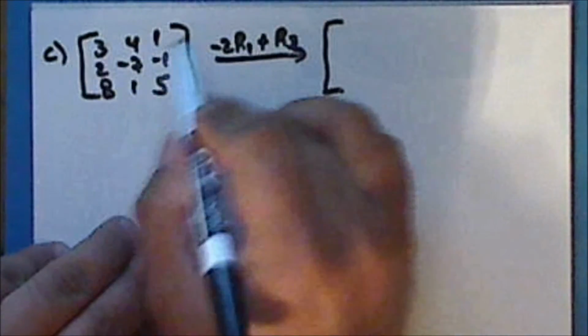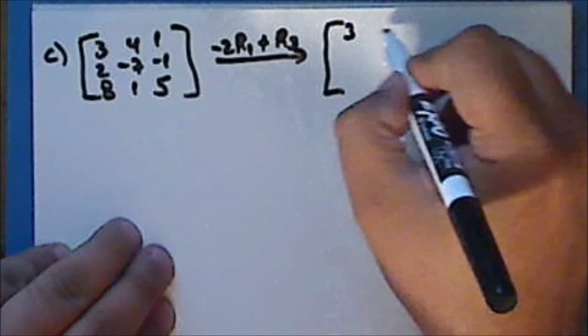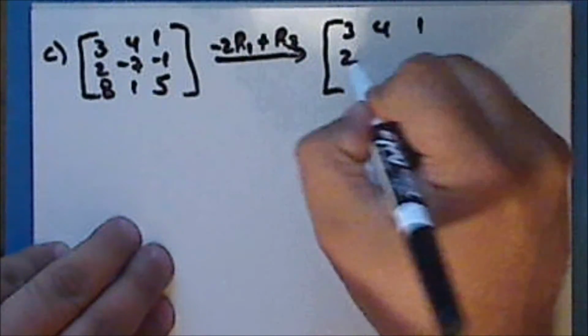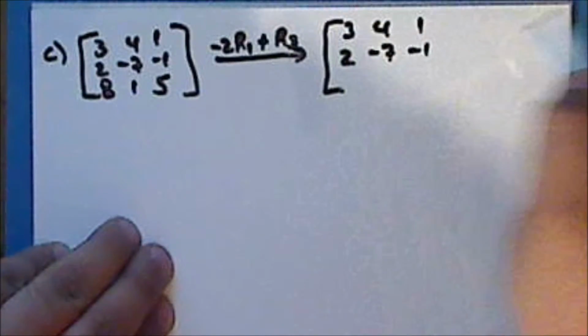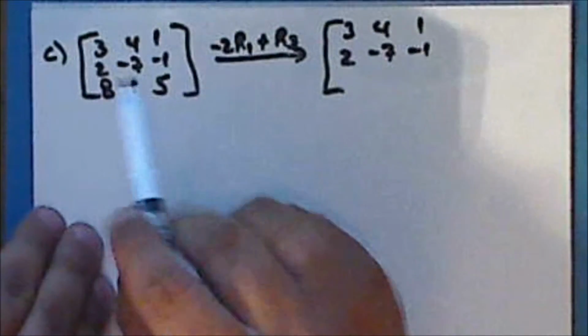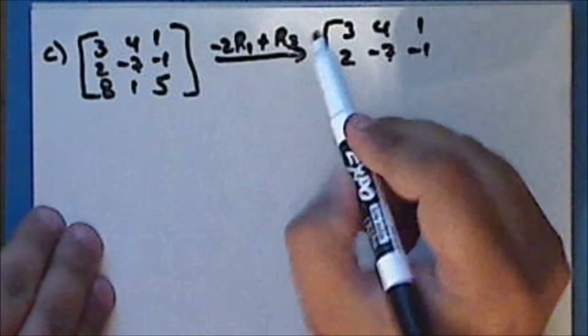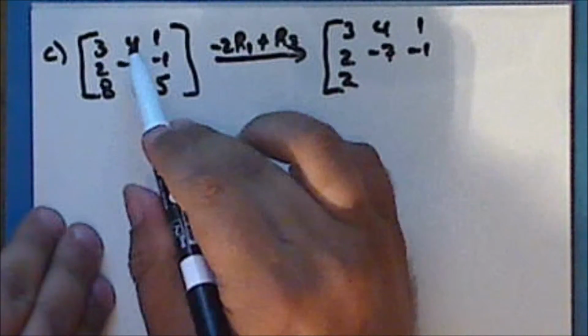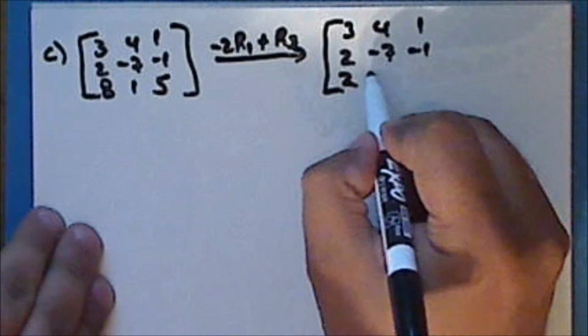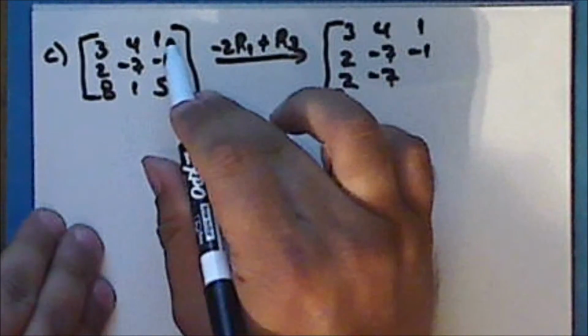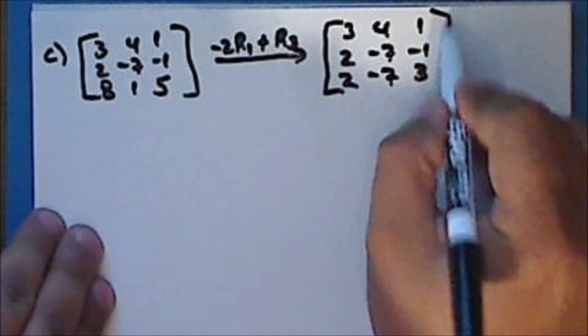So rows 1 and 2 do not change. Now row 3 is -6 plus 8, which is 2, -8 plus 1, which is -7, and -2 plus 5, which is 3.